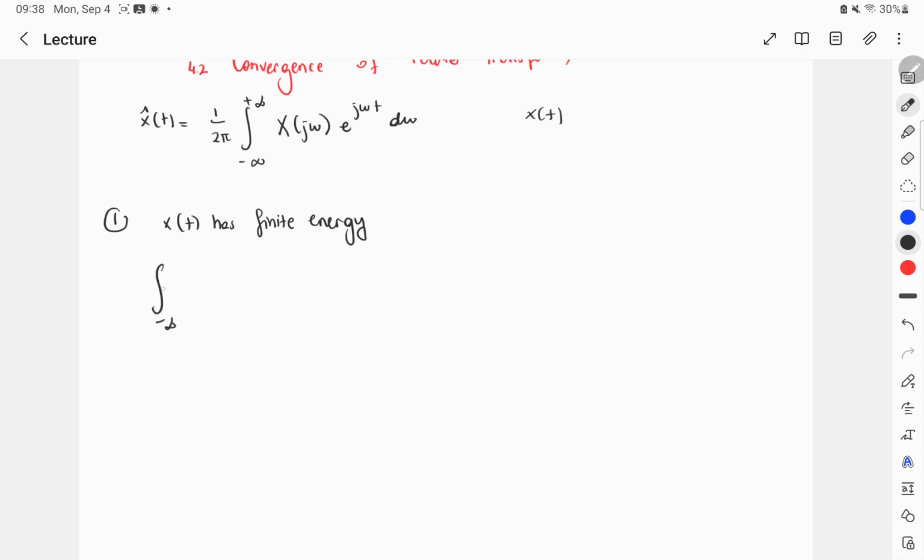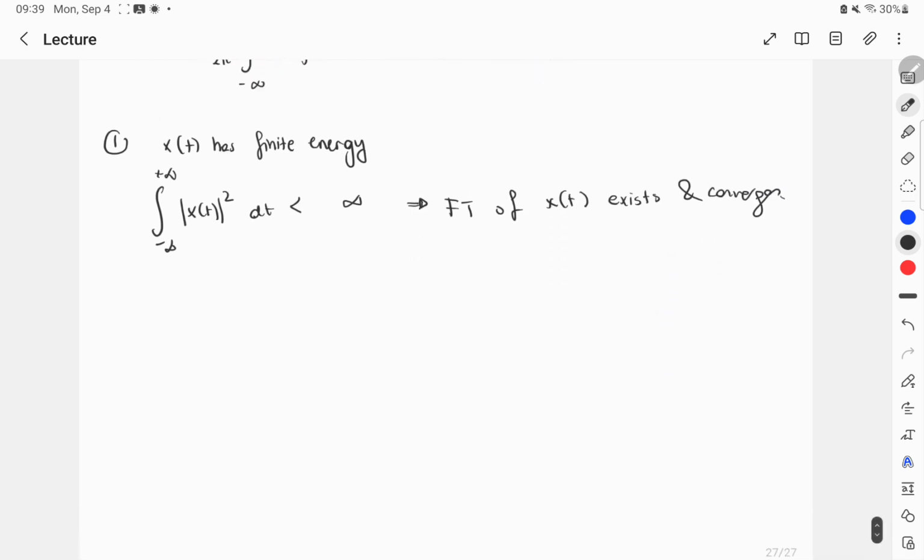If we integrate from minus infinity to plus infinity the function x(t), squared, and if it is smaller than infinity, so we can compute it, then we can say the Fourier transform of x(t) exists and converges.